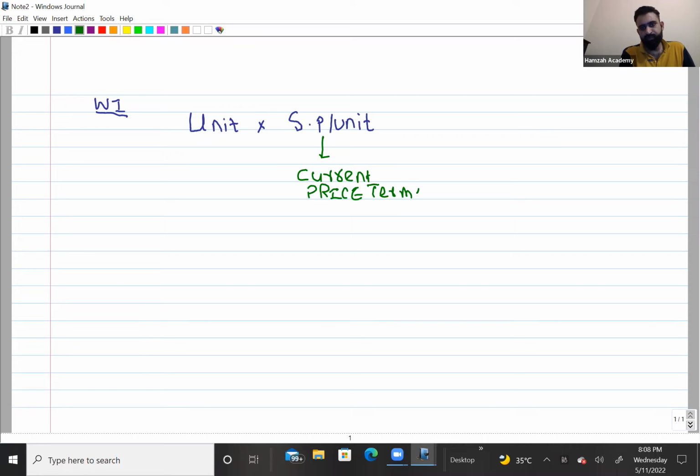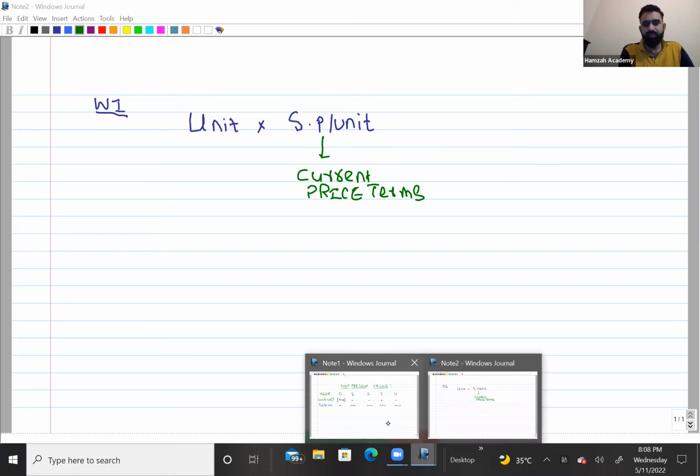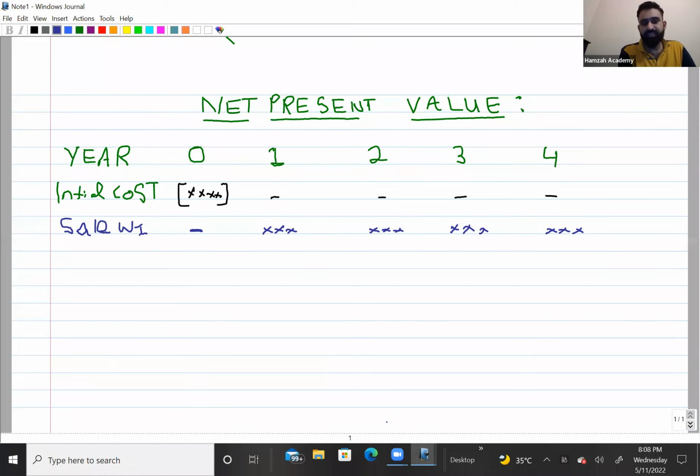Current price terms mean we didn't consider the increase in sale price in future. The sale price will be given in current price terms, which means the sale price will be given in terms of year 0.